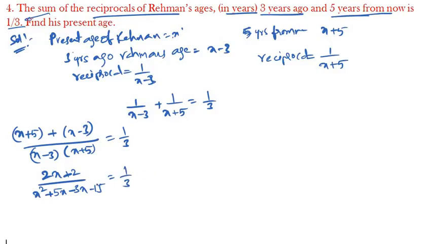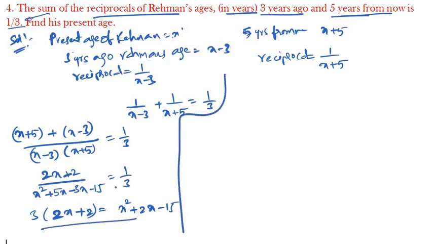So we do cross multiplication. It will become 3 into 2x plus 2, which is 6x plus 6, equal to x square plus 2x minus 15.